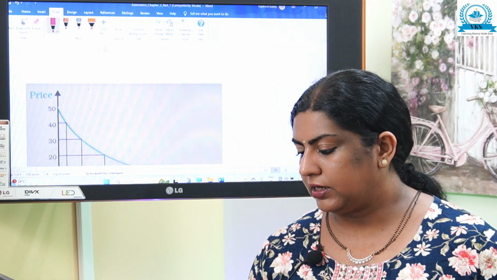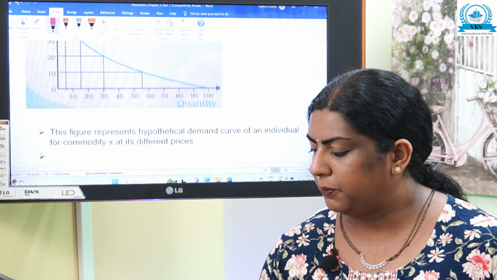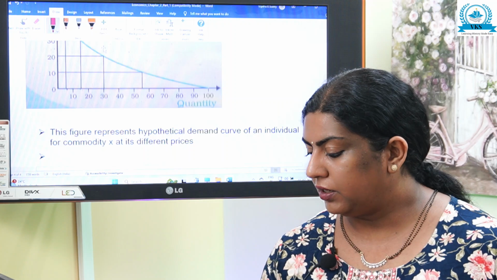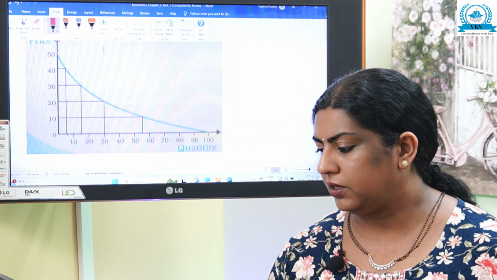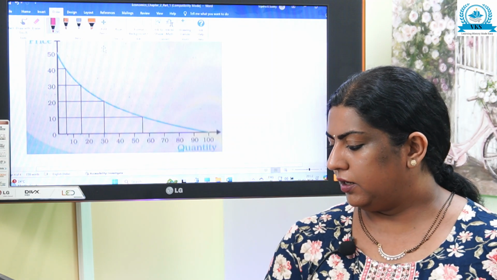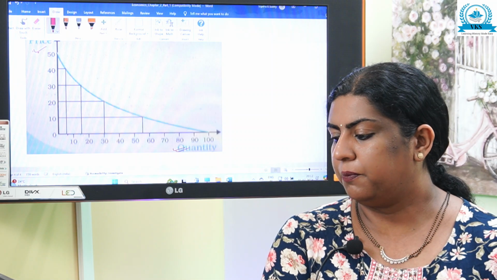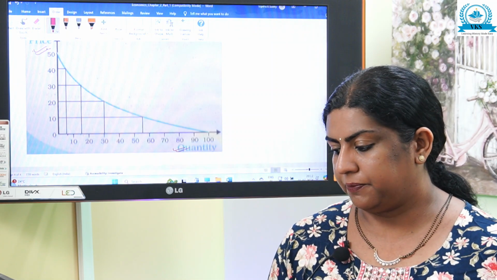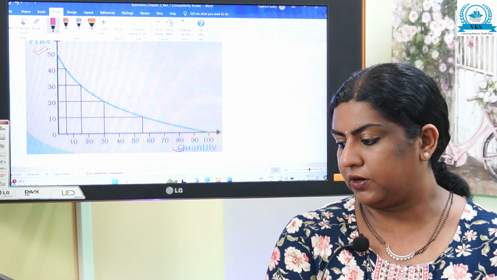So here we can see the graphic representation. This figure represents the hypothetical demand curve of an individual for commodity X at its different prices. Here we have the quantity and here we have the price of the commodity. When the price of the commodity is 40, the quantity is 5.